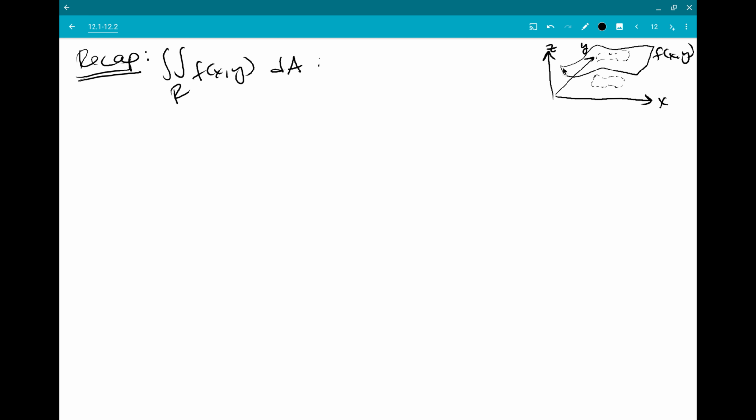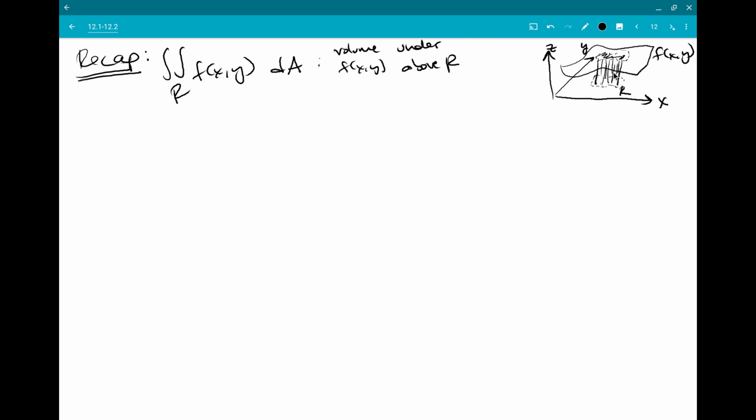We are talking about integrating beneath some surface f of x, y over some region R. And that holds with your normal intuition: there's the shape R, there's the surface, and we create the volume underneath that shape when we take these integrals.